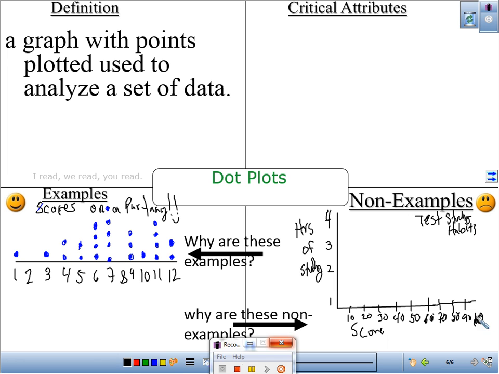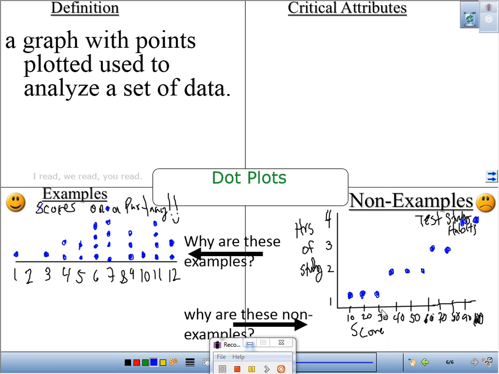So now watch. This is going to look very similar to what we just did over here, but it's not. Here we go. Does that look like a dot plot?